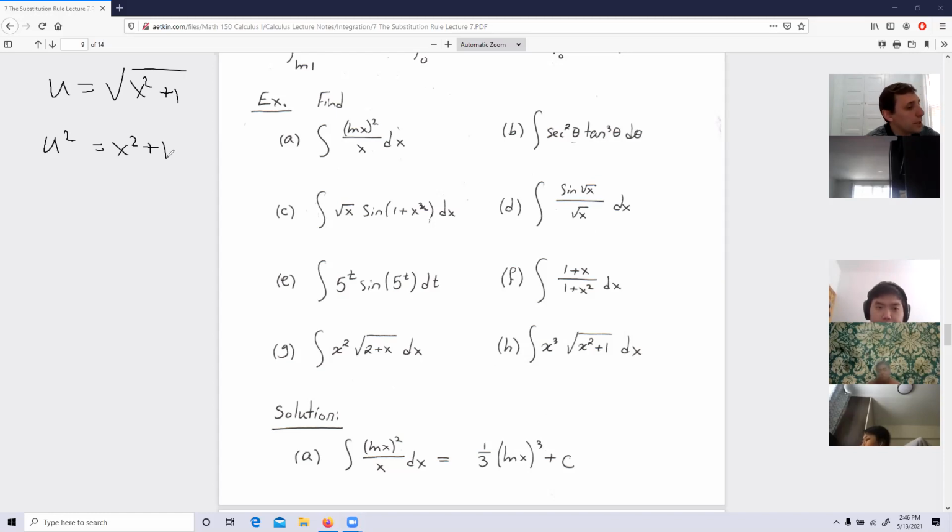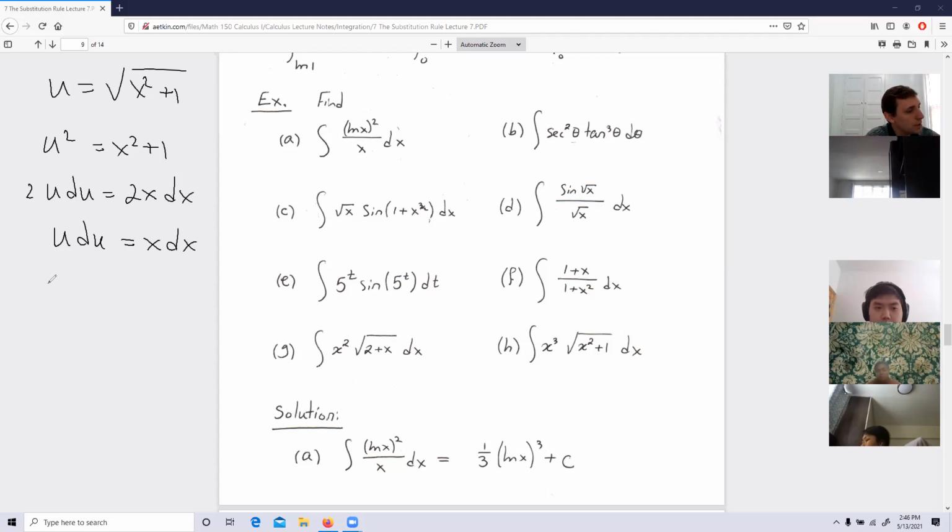And let's see how we get x cubed. So what we have is 2u du equals 2x dx. u du is x dx. Yeah.